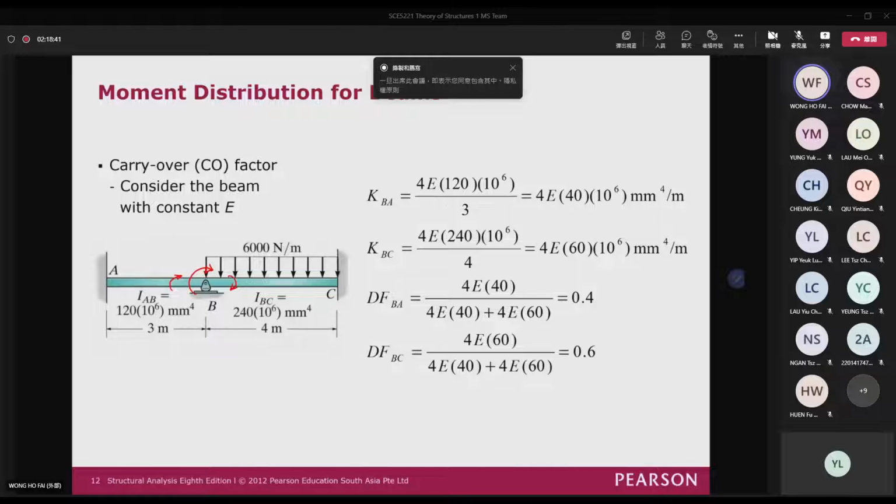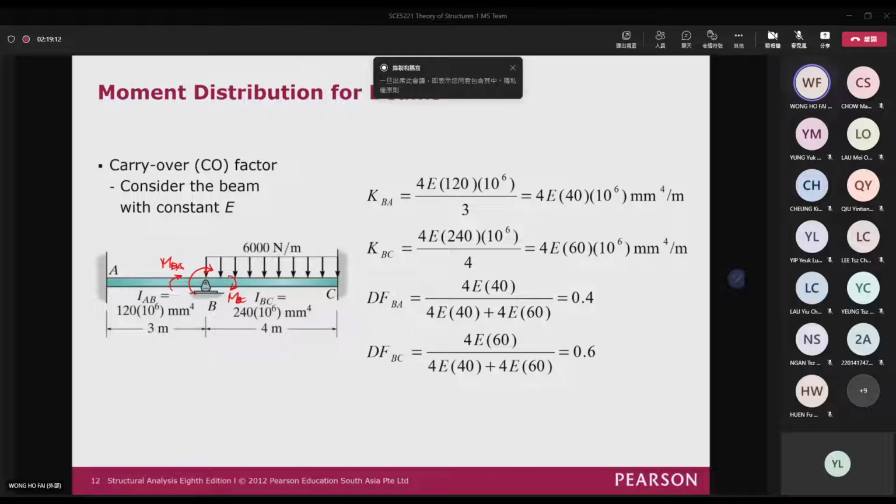Because I will use this concept afterward, so you just take a look first. If I have a moment applied at joint B, how much will go to MBA, and how much will go to MBC? It actually depends on the distribution factor of BA and the distribution factor of BC. First of all, we need to calculate the stiffness factor for member BA.